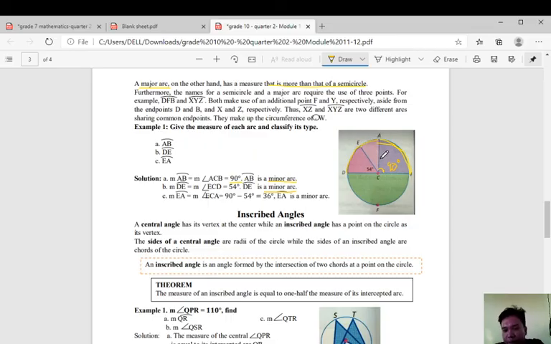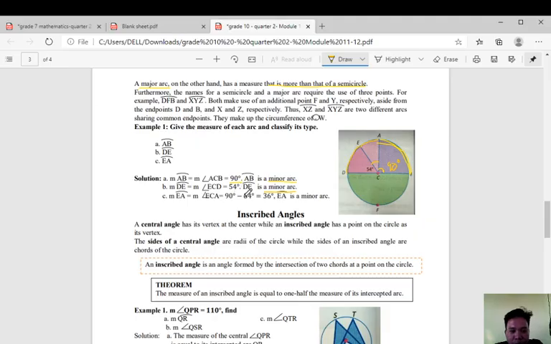How can we find the central angle of the arc EA? Since this arc DA is 90 degrees, we can just subtract 54 from 90 to find arc EA.